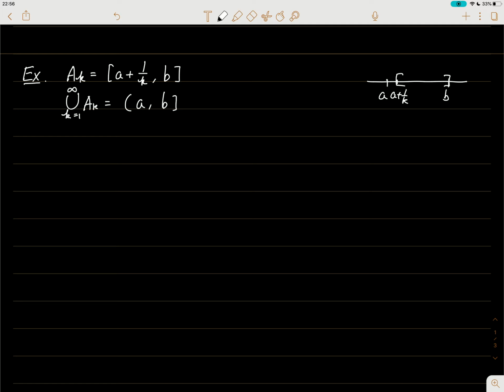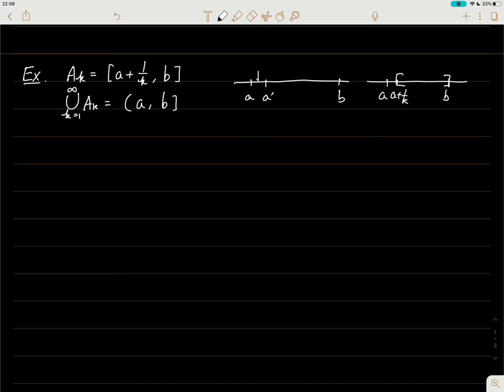And on the other hand, any number that is bigger than A, it doesn't matter how close it is to A, say it's something here, I call it A prime, then you can find some k large enough so that A plus 1 over k is between A and A prime.